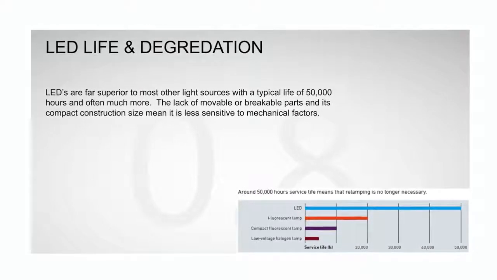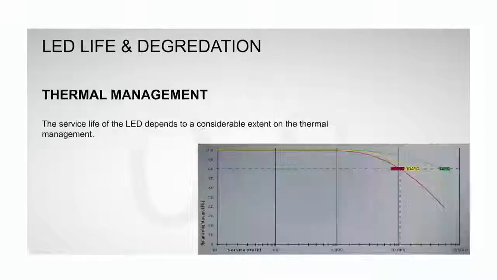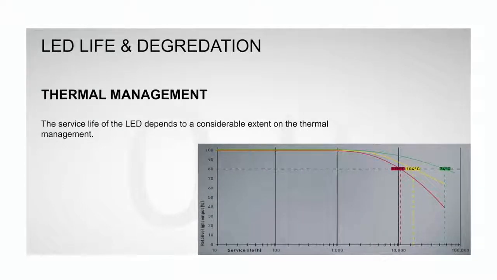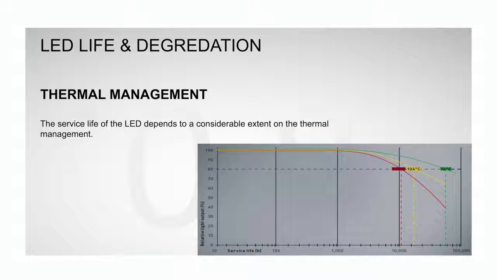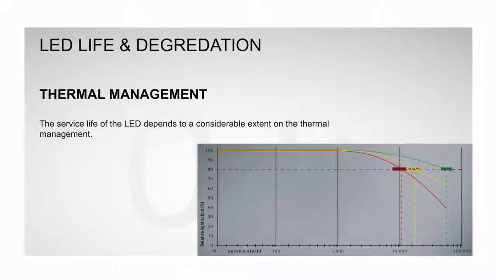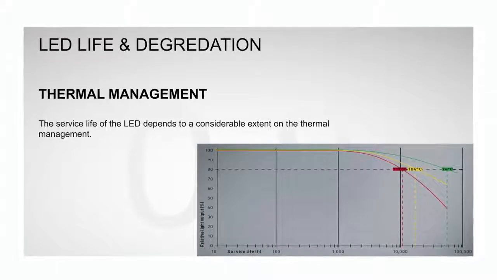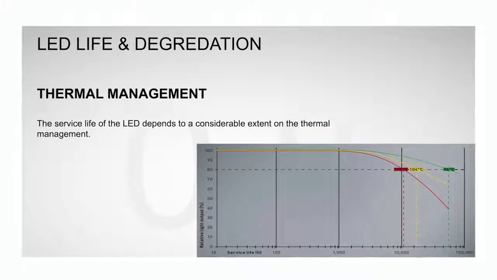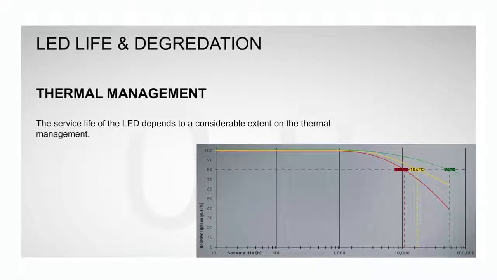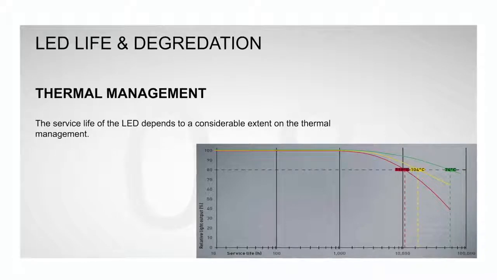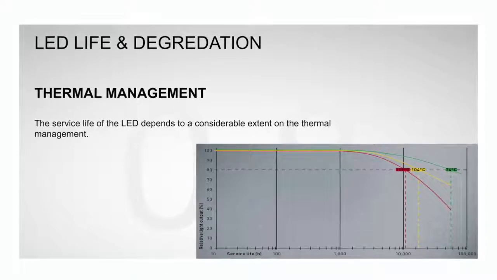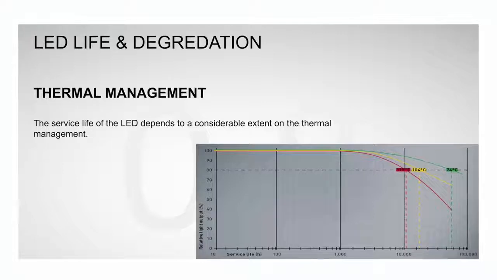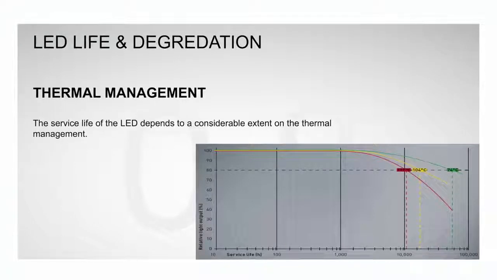But how we use them will have an impact. We normally see a curve or a line like this showing the light output when new and then showing the degradation over a period of time. However, the temperature at the junction where the LED is mounted will have a big effect on the life of the LED. Therefore, the same LED chip in different luminaires might have a different longevity.